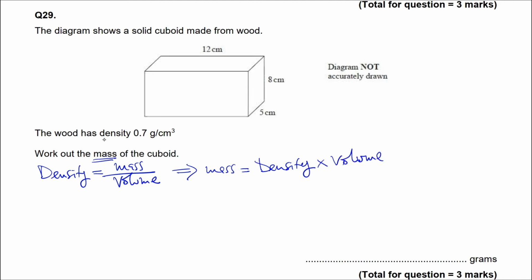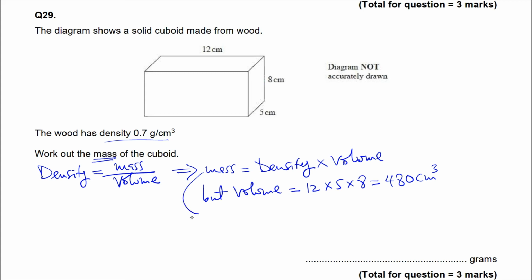Okay, so we have the density here. What we don't have is the volume of the shape. Now we can find the volume. The volume of a cuboid is just length times width times height, and if we multiply those, that will be 480 centimeter cubed.